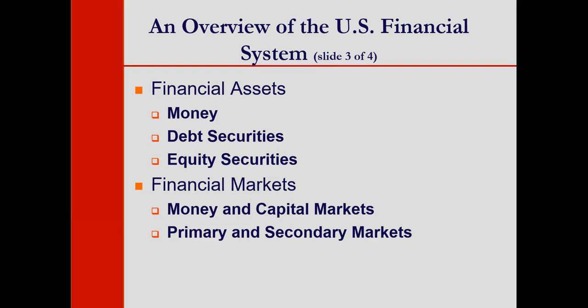The other classification for financial markets is primary and secondary markets. A market is said to be primary market if the securities are traded for the first time. And whatever money is collected by issuing those securities, the firm is getting that money directly. So in a sense, it provides a direct link between the firm who is getting those funds and the investor.